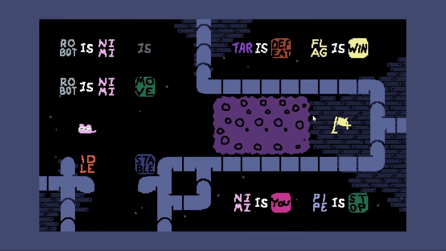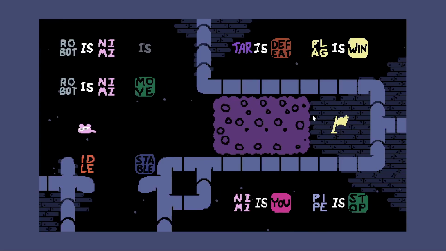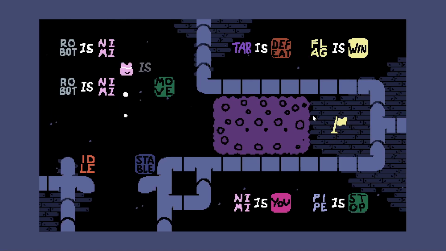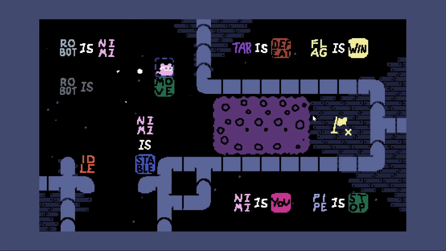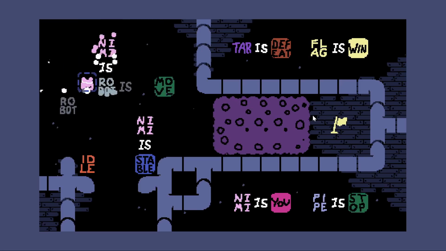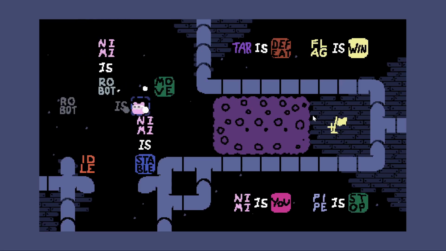Okay, but at least I know this sort of duplication method works. I mean, because it isn't like shift or anything, making it move doesn't do anything either. Okay. What else can I do? I can also make an object simply just stable with no extra stuff. Oh, maybe by making Nimi stable, I can make Nimi's robot without becoming robot.